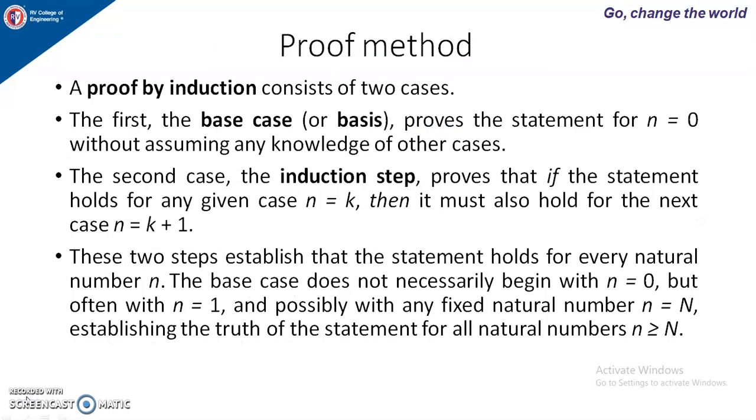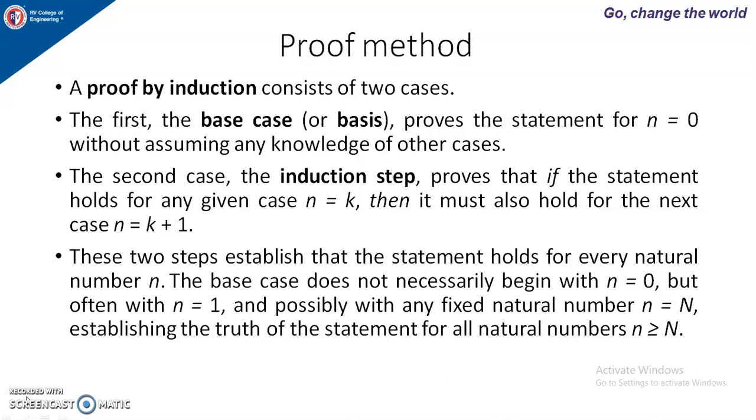Proof by induction consists of two cases. The first case, called the base case, proves the statement for n = 0 without assuming any knowledge of other cases. The second case, the induction step, proves that if the statement holds for any given case n = k, then it must also hold for the next case, that is n = k + 1.